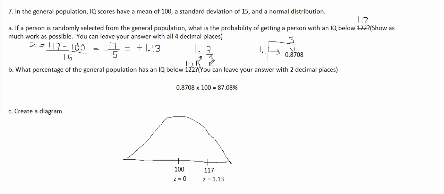Now let's just do a couple more things here. Let's shade the part of the population that we're focusing on. So we're focusing on the population members below 117. So let's shade that part of the population.